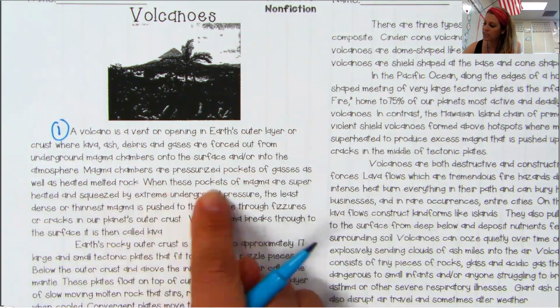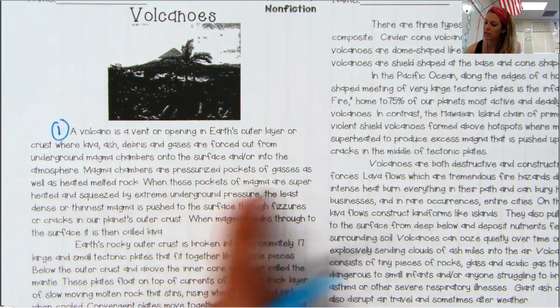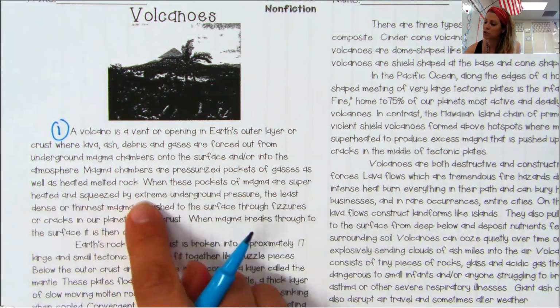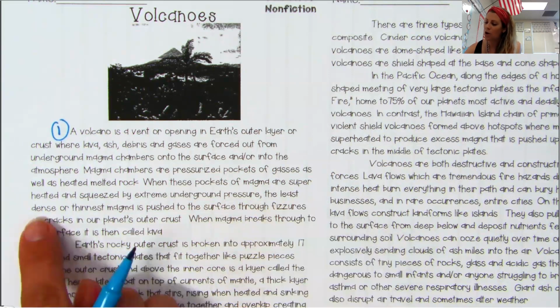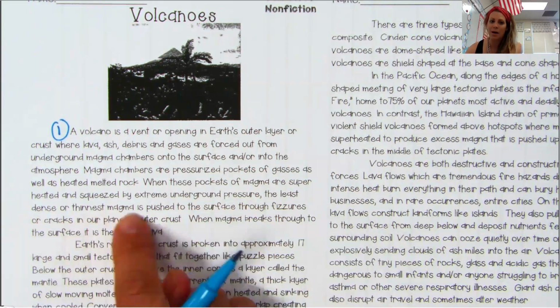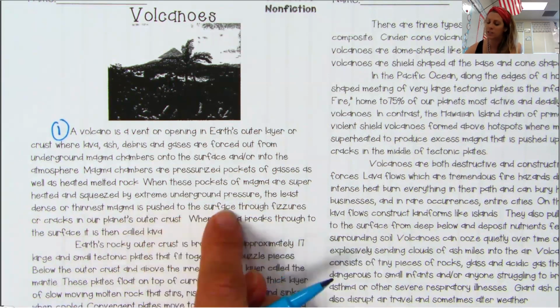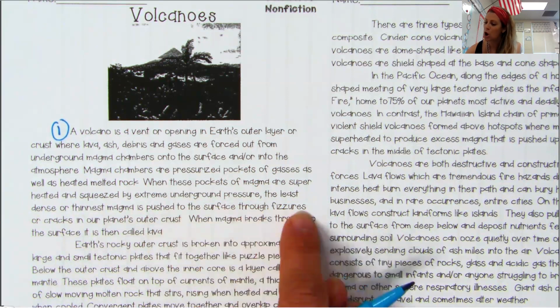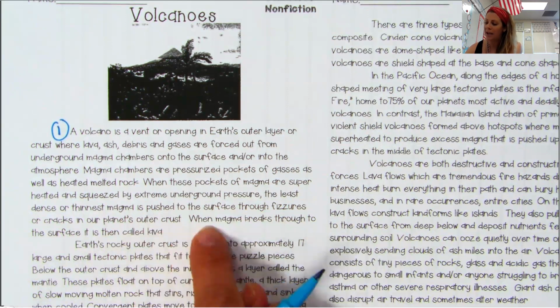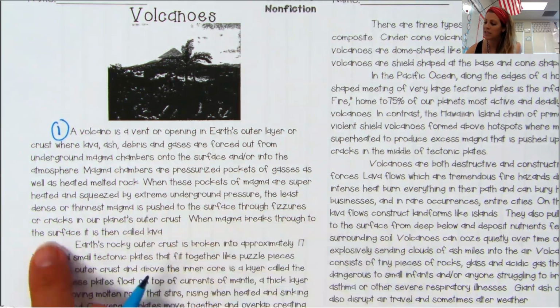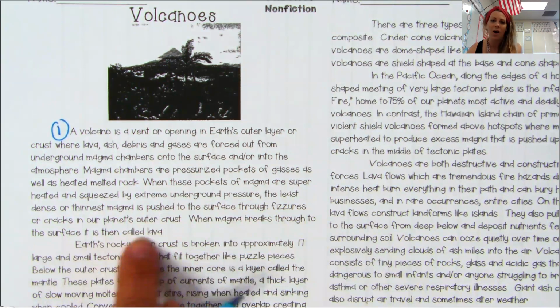When these pockets of magma are superheated and squeezed by extreme underground pressure, the least dense or thinnest magma is pushed to the surface through fissures or cracks in our planet's outer crust. When magma breaks through the surface, it is called lava.